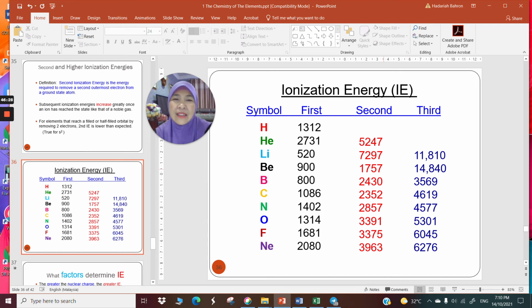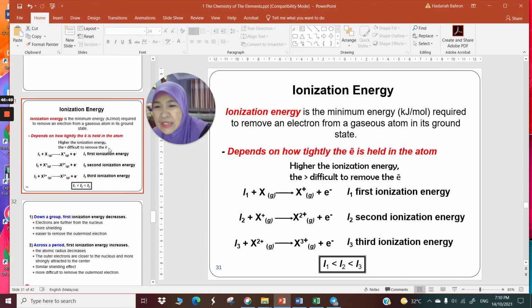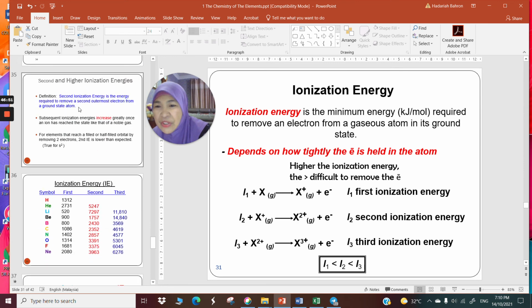So these are the ionization energies of hydrogen, helium, all the way up to neon. You will find that hydrogen is the lowest compared to helium. And then when you start at lithium, this is a numerical presentation of the graph that we see here.